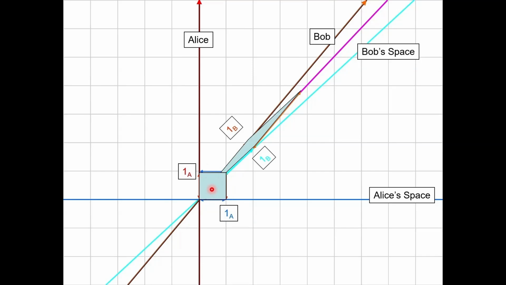This is the geometrical equivalent to the fact that no matter who sends the information, everybody sees the speed of information the same way. So if this area is equal to this area, this requirement is satisfied.